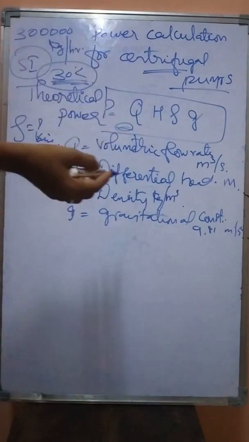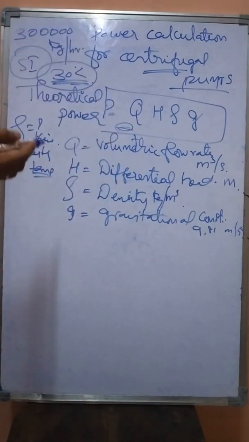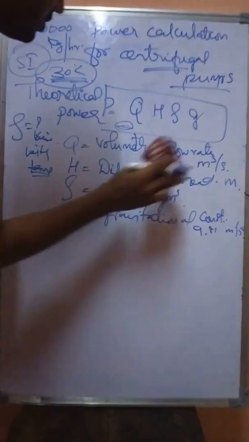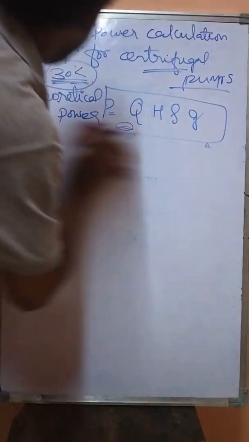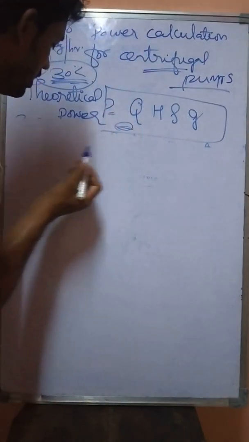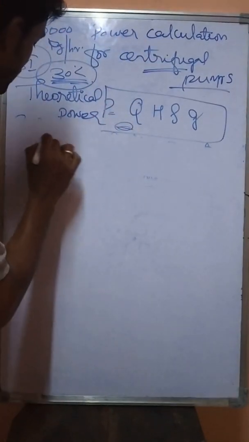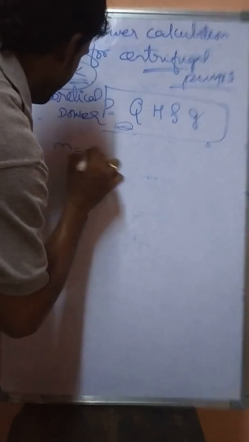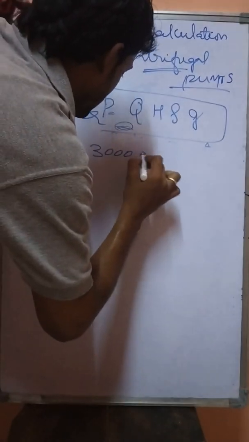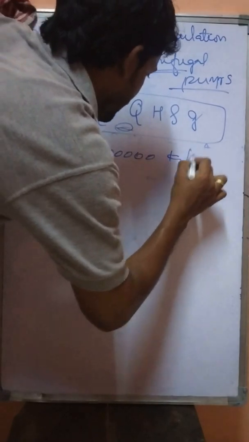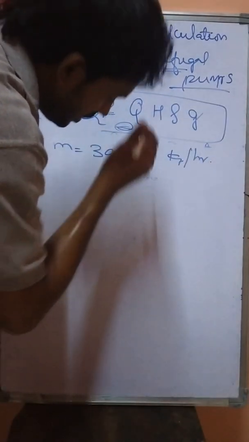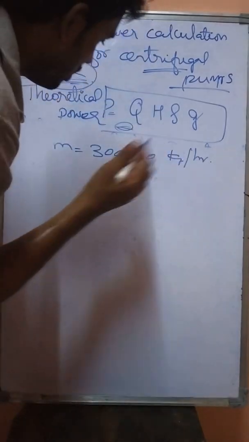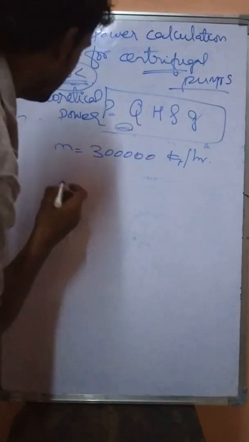Now we can go into the sum and calculate the power required. Let's write the given data. Keep this in mind. A water pump has to pump a mass of 300,000 kg per hour, and for example you can take it as in industry, sugar industry or whatever it is, food industry commonly.